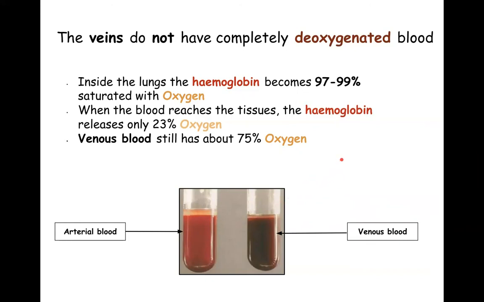Now, you must remember that the RBC count of a person is roughly 6 to 7 million per cubic millimeter. That's the RBC count for a normal individual. So this RBC count is able to maintain 97 to 99% saturation of hemoglobin, which is a large amount of oxygen available to the cells.